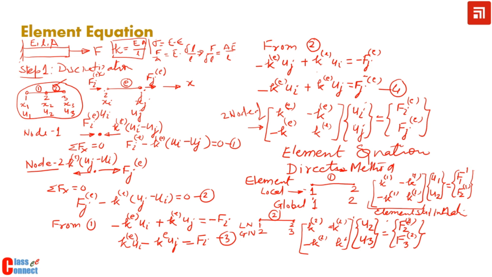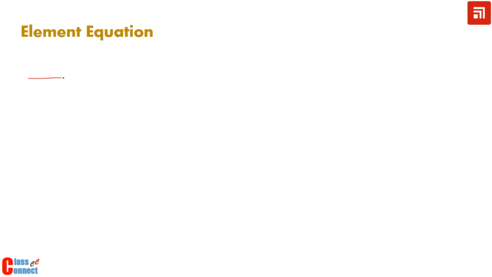So now we can try to develop the element equation for thermal problem and fluid problem using the direct method. Then we will proceed to know how to assemble these. Take a simple example of a heat transfer problem in 1D. For eth element, we can assume that if this is the element that we are considering in one dimension, this is the temperature Ti on the ith node, temperature Tj on the jth node of eth element.